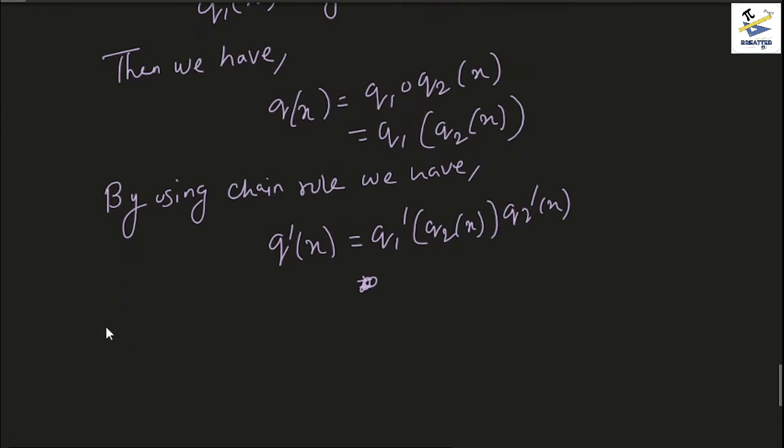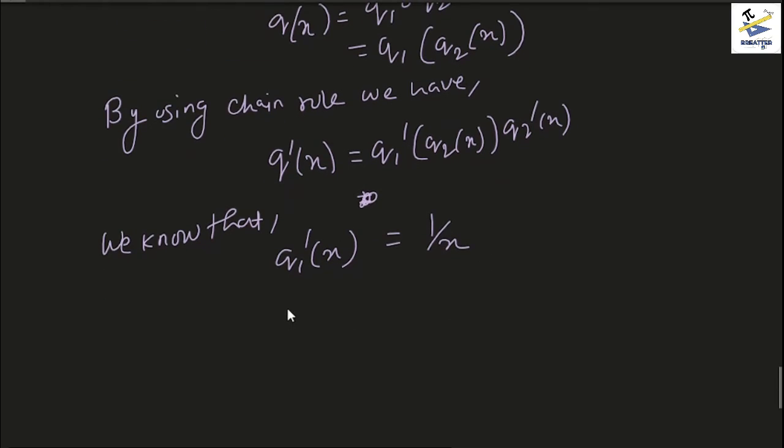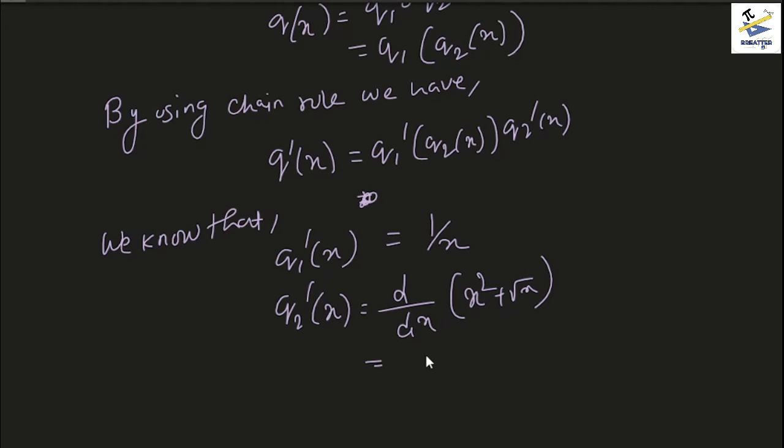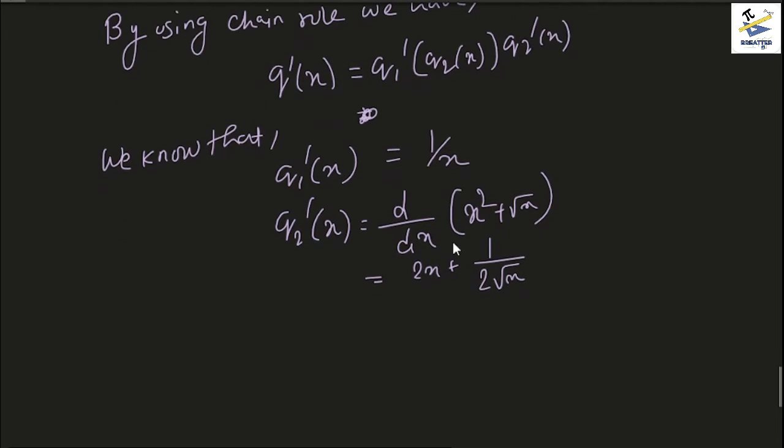So by basic derivatives we know that q1 of x derivative is just 1 by x, and for q2 of x we have d/dx of x square plus root x, which basically is 2x plus, and the derivative for this is basically 1 by 2 root x. So this is the derivative for q2 prime x, right? So what we do get is this.